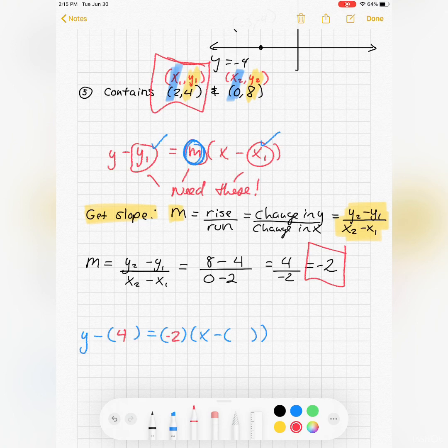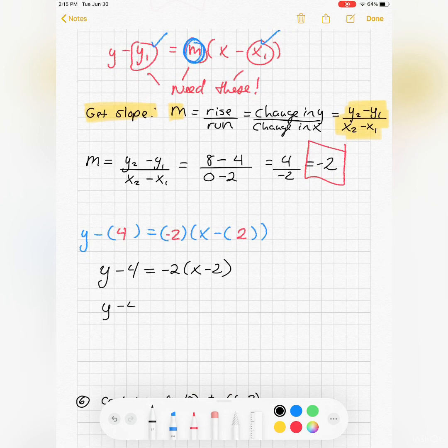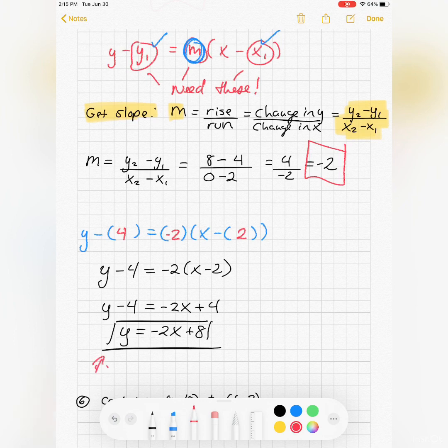The m is -2, x1 is 2. Now I distribute the -2 and then add the 4. So there I have my line in the slope-intercept form.